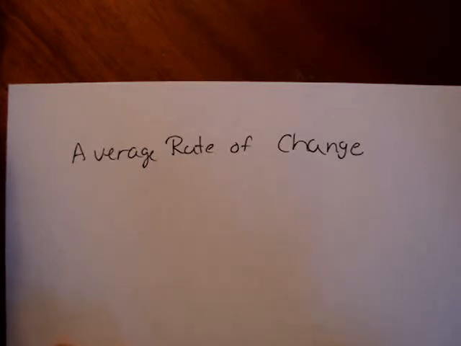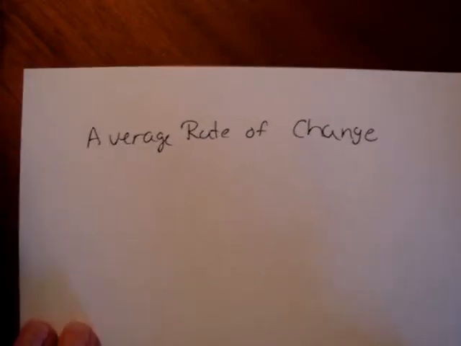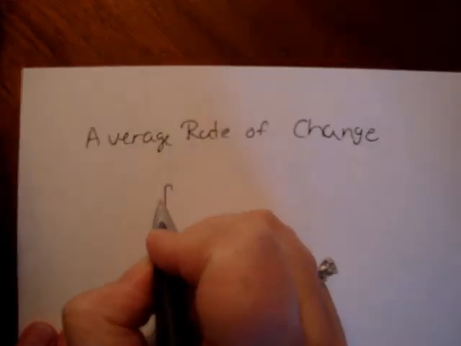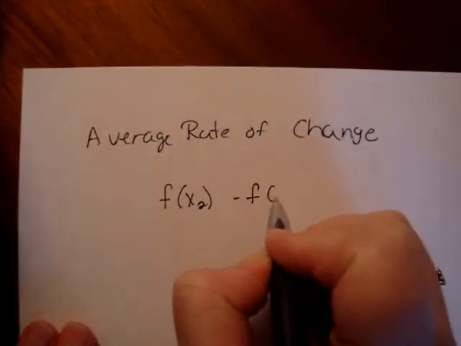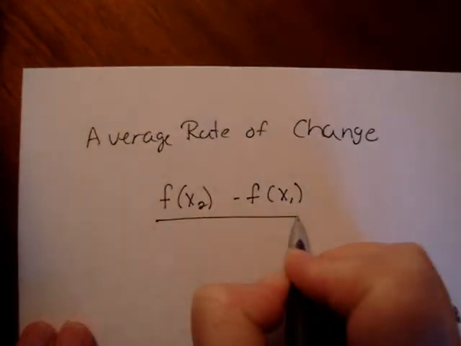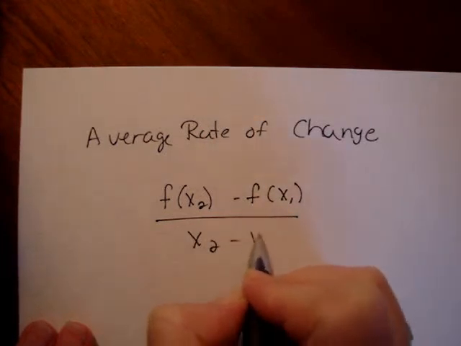The average rate of change is the slope between 2 points. Okay. However, we're going to use some new and fancy notation. So let me write the fancy notation down, and then you guys will look at it and go, oh, that's not so bad. Okay. The notation is f of x2 minus f of x1 over x2 minus x1.